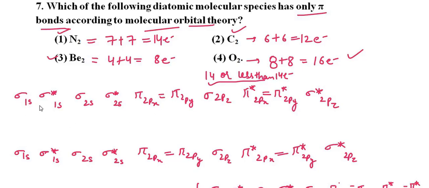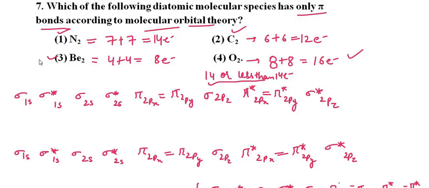Firstly, sigma 1s is filled. After that, sigma star 1s, then sigma 2s, sigma star 2s. Pi 2px and pi 2py both have equal energy. After that, sigma 2pz. Then their anti-bonding, pi star 2px, pi star 2py, again both of equal energy, and after that pi star 2pz.